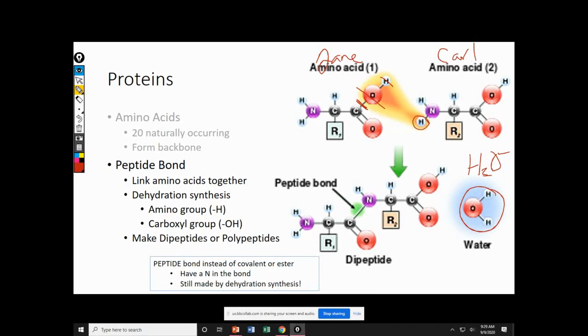Our amino group has hydrogens. Okay? So there's no reason we can't use our amino group to hook up. That works. Okay? So we're going to take that hydrogen off our amino group. And there's our water.